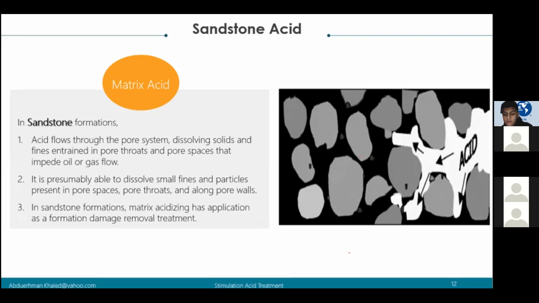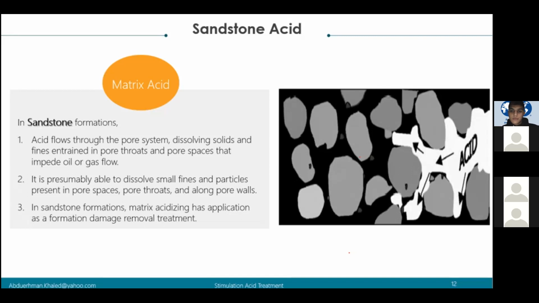If there is one thing you should know in sandstone treatment, it is that a sandstone acidizing treatment has a chance for success only if acid-removable plugging or formation damage is present. So the acid in sandstone is more about damage removal.